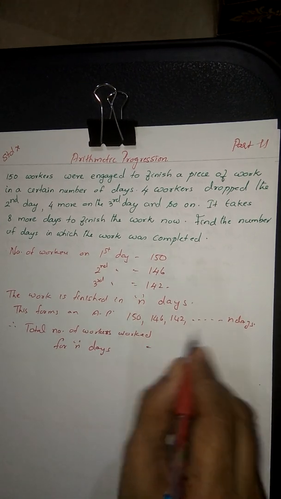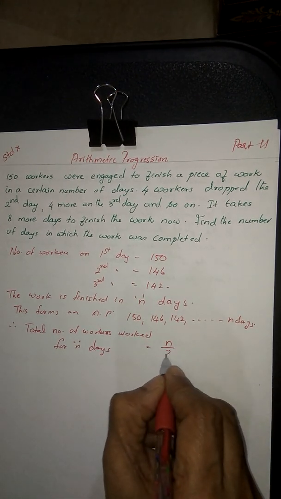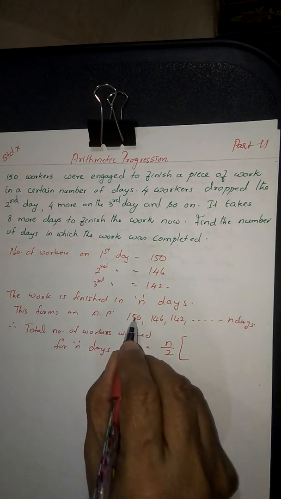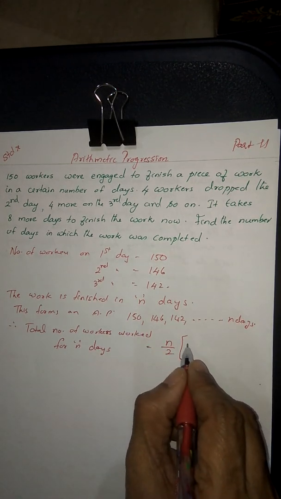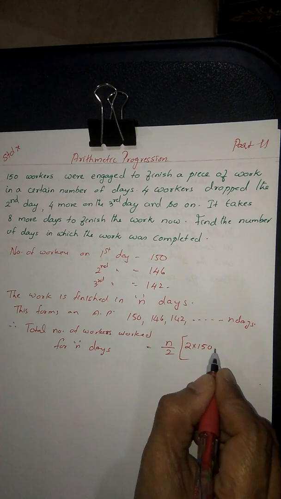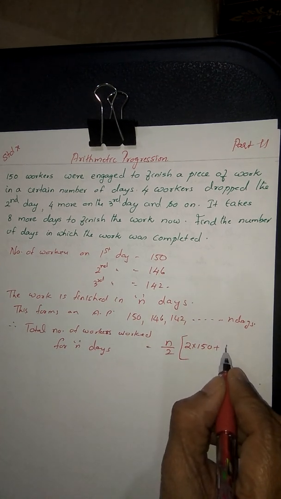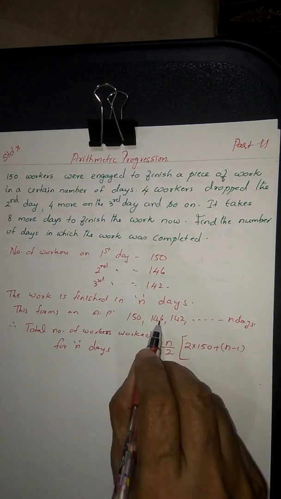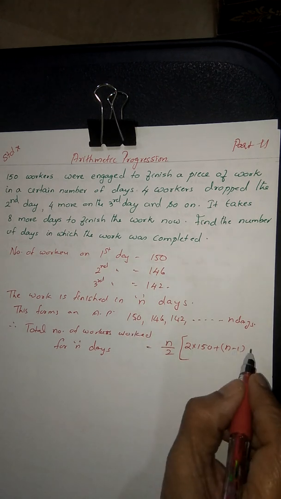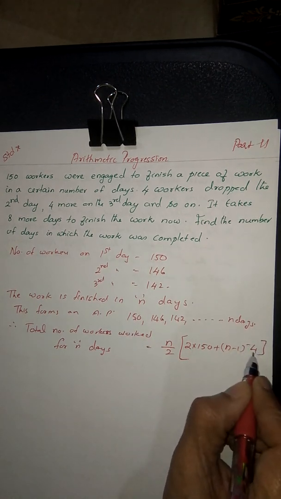is equal to n by 2 into 2a, the first term is 150, so 2 into 150, plus n minus 1 into d, which will be 146 minus 150, so minus 4.